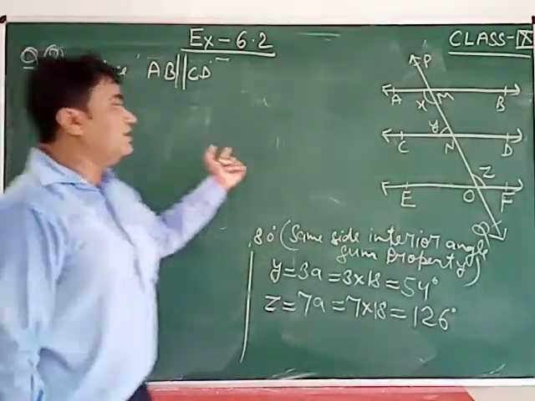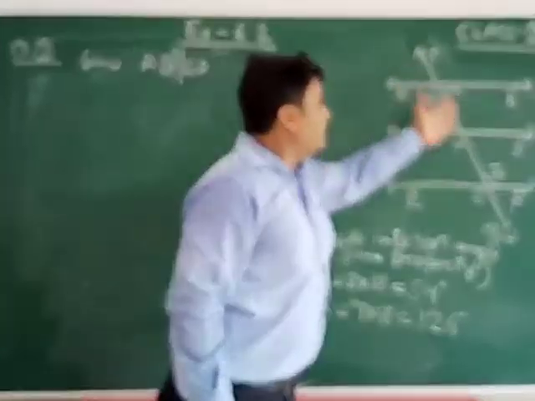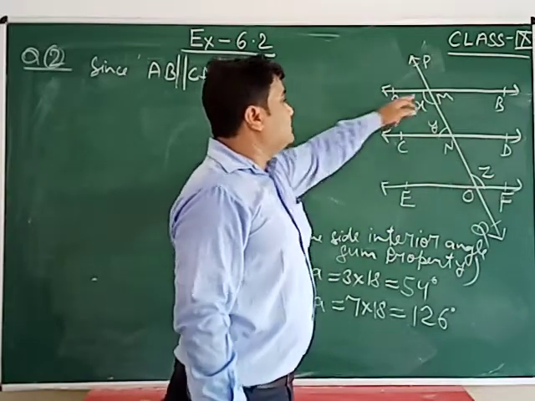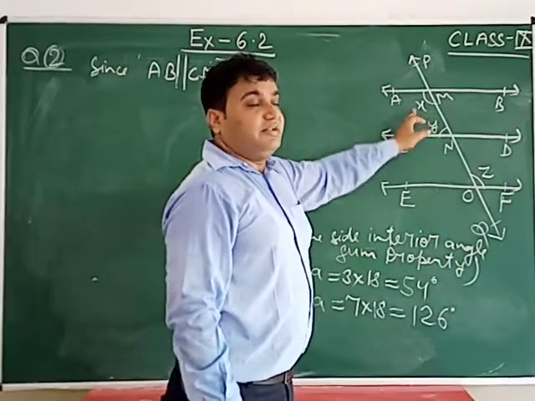Since AB is parallel to CD and PQ intersects these two, these are same side interior angles.